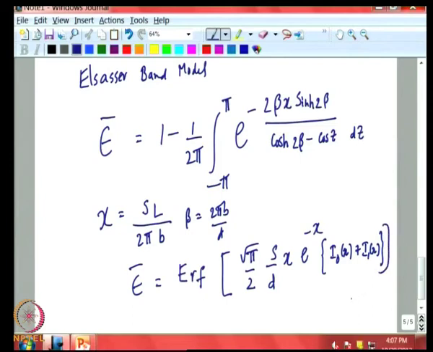Now, this result is very useful, because although this expression is fairly complicated, and although this is tabulated in many books, it is good to look at limiting cases, and let us look at what are the limiting cases of the Elsasser band.